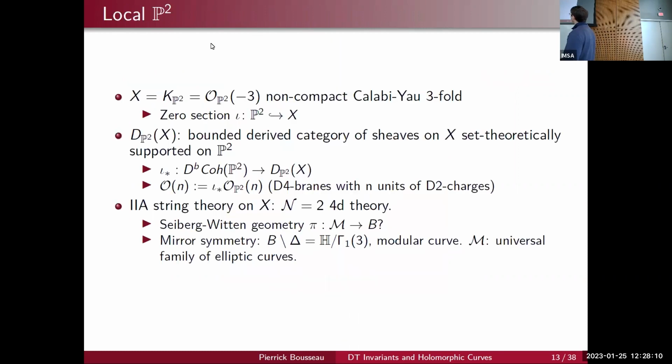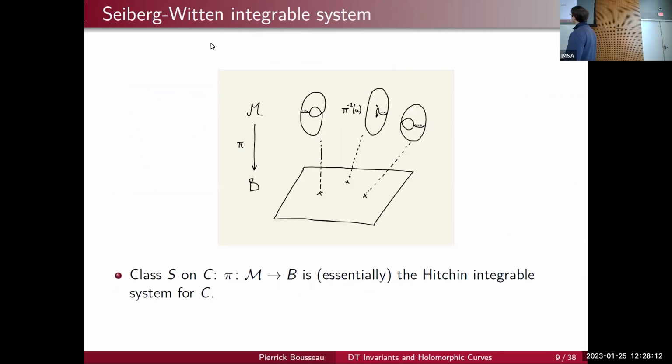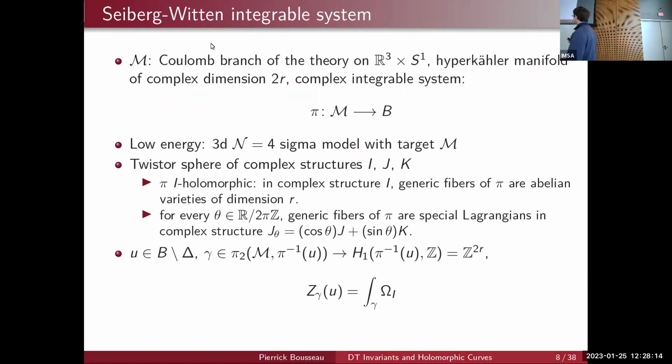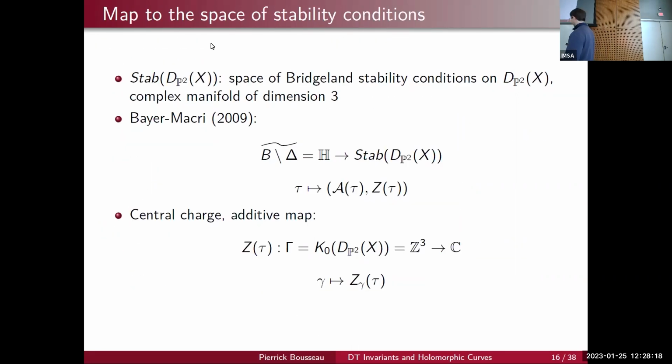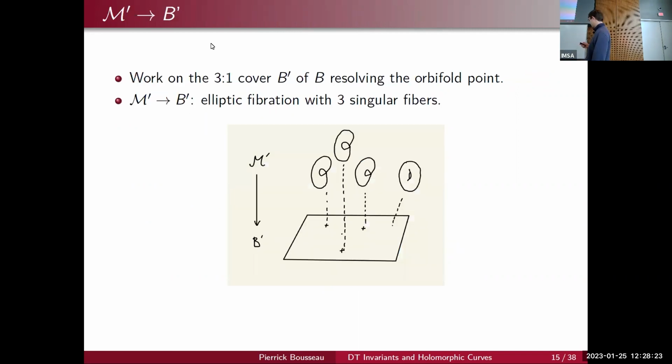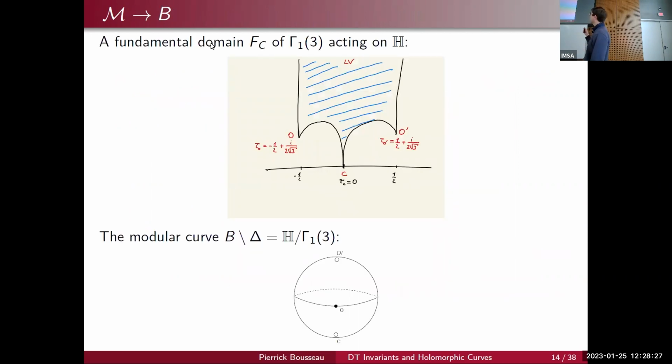For example, this central charge Z is really given by the periods of this holomorphic symplectic form. Okay, so as a result, you can really consider any point on the base, or more precisely, any point on the upper half plane, which is a universal cover, really as a Bridgeland stability condition on your derived category.